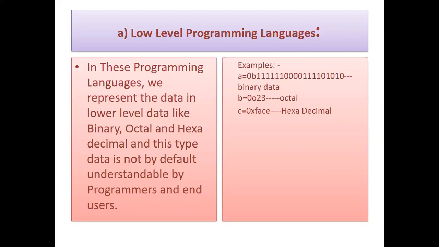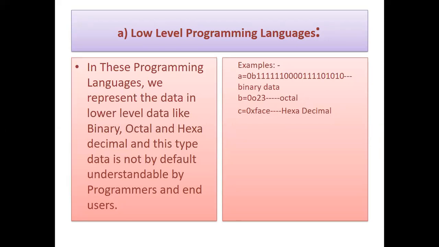Is binary understandable by the end user? No. Octal? No. Hexadecimal? No. So that is why low level programming languages always have the data in binary, octal, and hexadecimal form, which is not understandable by the end user.